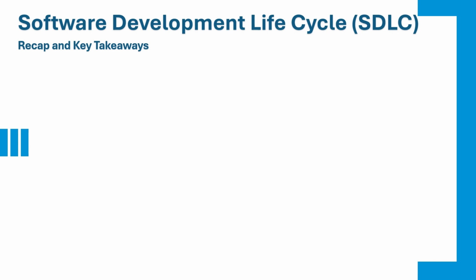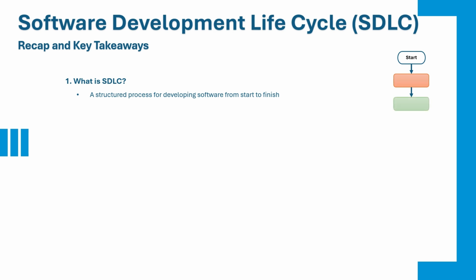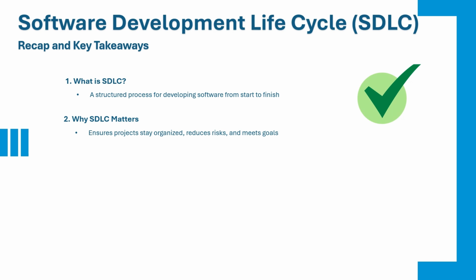We've covered quite a lot about the software development lifecycle, or SDLC. Let's take a moment to recap the key takeaways. SDLC is a systematic approach to building software, helping to organize every step from planning to deployment. It's a way to manage the complexity of projects, minimize risks, and ensure that what gets built aligns with both user needs and business goals.